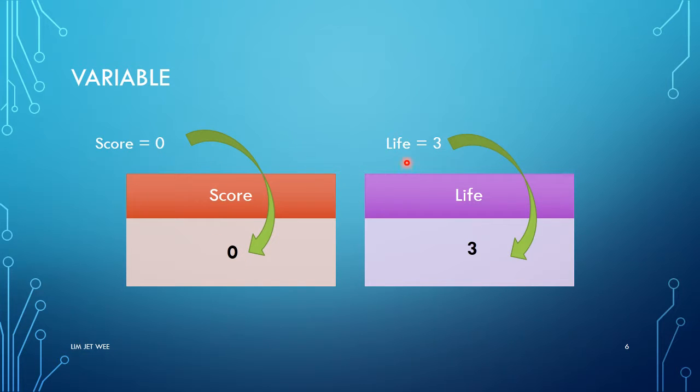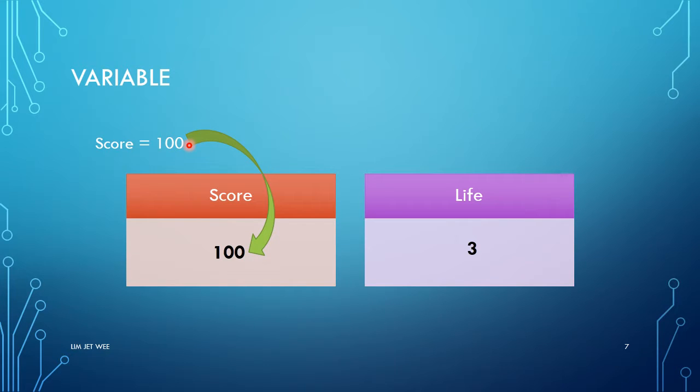I can do the same thing with life. If I assign 3 to life, it will go to the computer's memory, find this location called life, which is an imaginary box, and put the value 3 there.